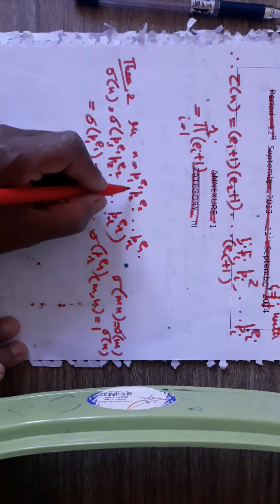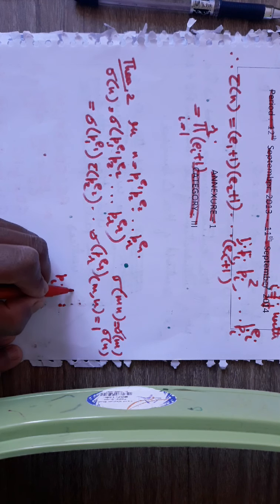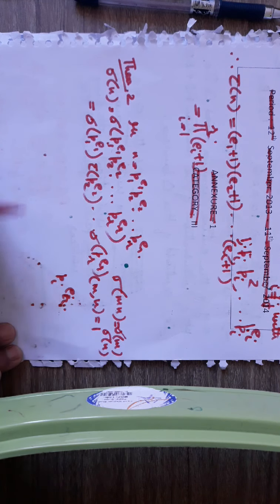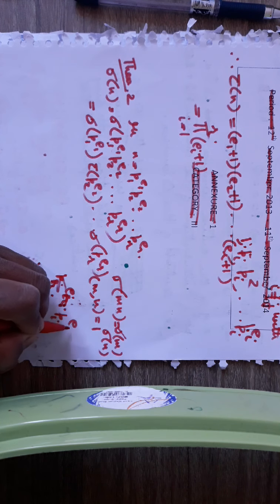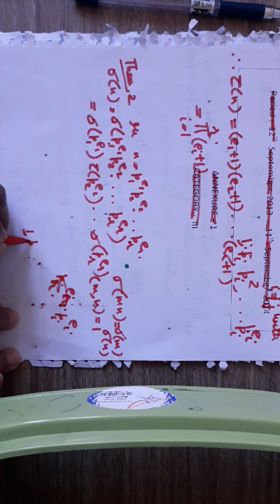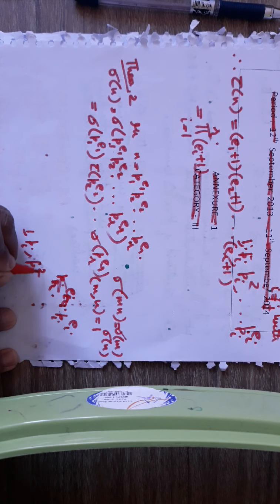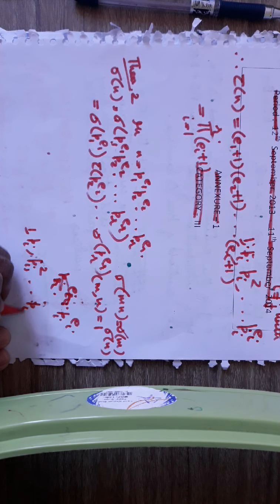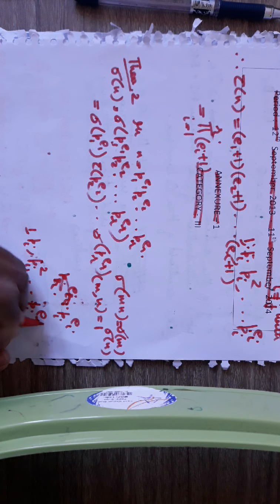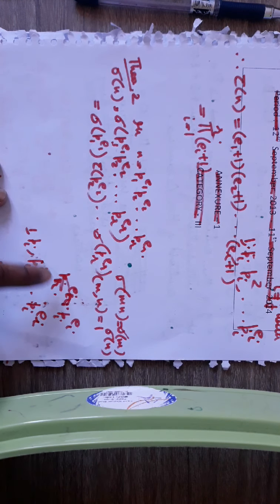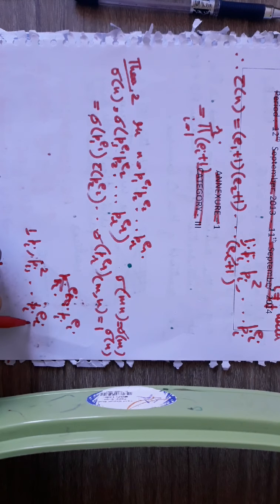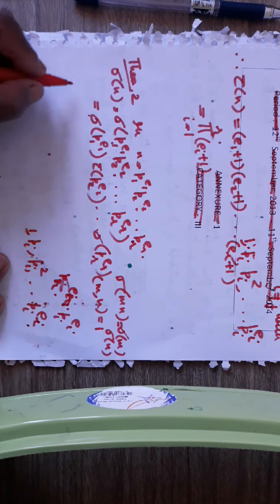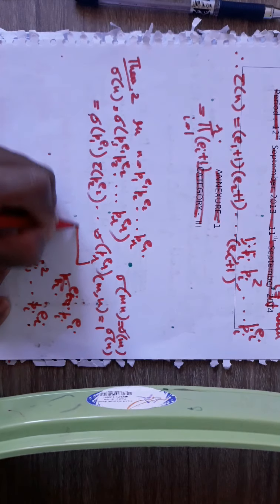What are the divisors of pi to the power ei? They are 1, pi, pi square, up to pi to the power ei. Sigma stands for the sum of the divisors of pi to the power ei. Name this as equation 1.